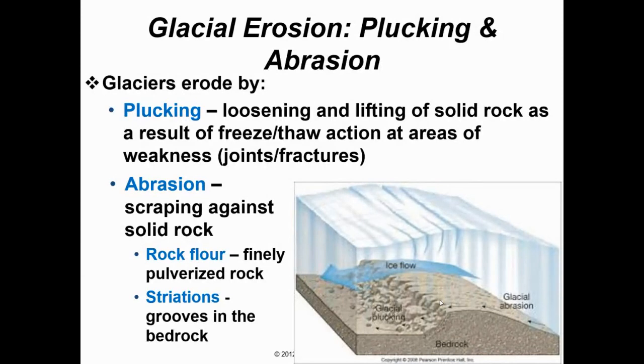It plucks, and then typically just carries that material along with the glacier. There's always going to be a substantial amount of rock material, ranging in size from clay and silt all the way up to huge boulders, that is plucked from bedrock and then carried by the glacier.